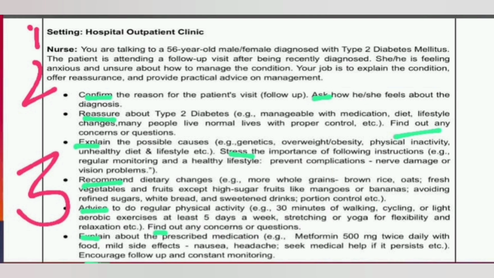We can say, additionally, I would suggest you regarding the dietary changes, it is very important for you to take a whole grain diet which contains brown rice and oats, and along with this fresh vegetables and fruits are very important in this condition.